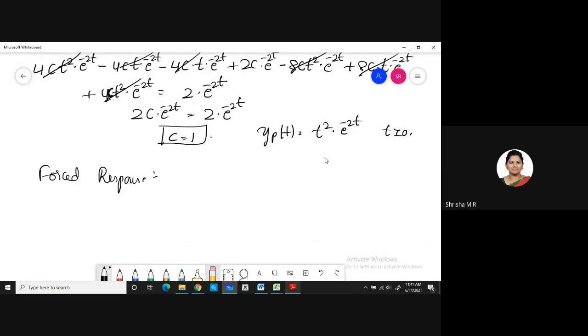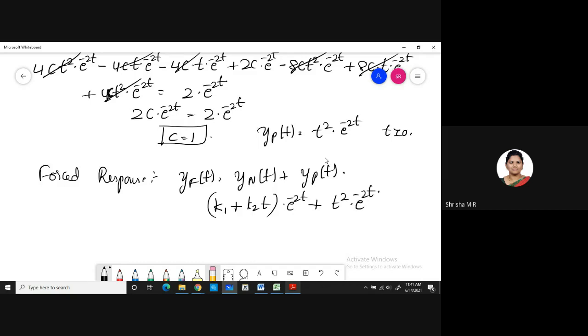So forced response yf of t is natural response plus particular response. So our natural response was of the form k1 plus k2t into e power minus 2t, and this is t square into e power minus 2t, yp of t. So now we have to find the constants k1 and k2 by making use of the zero initial conditions.